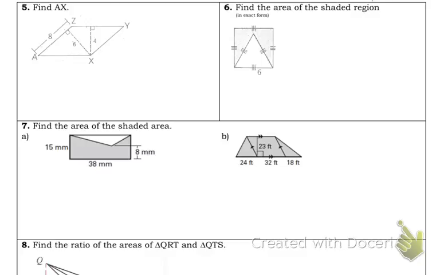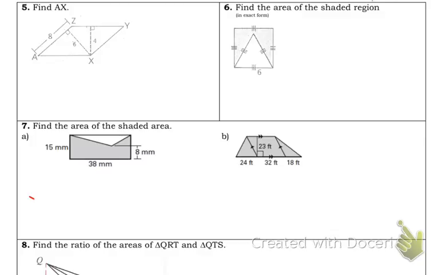All right, 7a, we have an envelope, and we're supposed to find the area of the shaded area. So what we need to recognize is that we need to first find the big area, which would be 15 times 38. I'm sure you found that, right? And then we need to subtract out this triangle here. Well, if this is 15 and this is 8, that makes the height of that triangle.